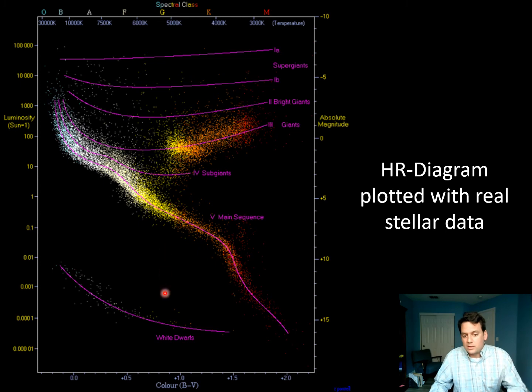One thing that jumps out here is that there's a big separation between the main sequence and the white dwarfs. The white dwarfs are kind of an island unto themselves down here. It's less that way when you think about the giants. There certainly you see the clustering along the main sequence, and you see the clustering along, particularly this region here of giants. But you see there's kind of a scattering of stars in the HR diagram all the way up here.